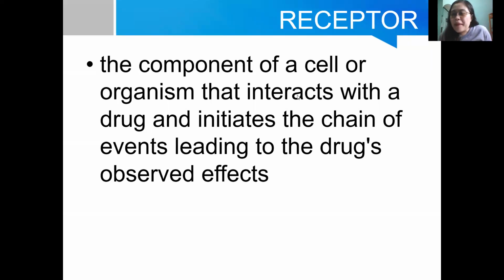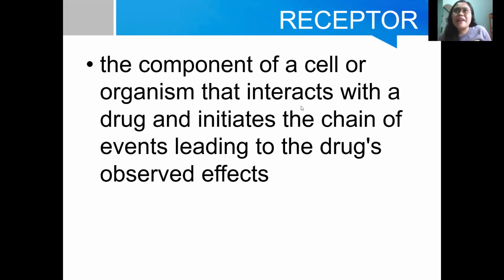So, I have mentioned also that most of our drugs interact with molecules in the body. And then once they interact, they can elicit their pharmacologic effect. Now, these molecules are called receptors. So, most of our receptors are made up of protein.